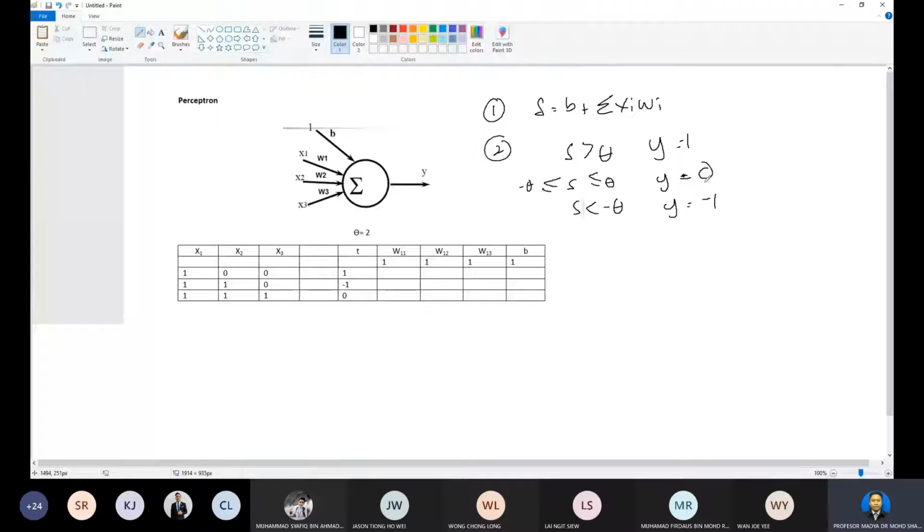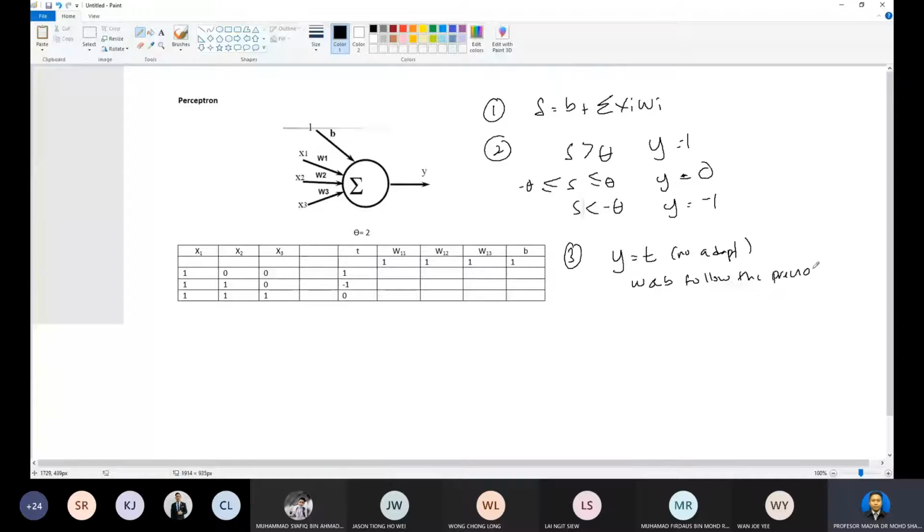Then the third step, you have to compare. If Y equals T, there is no adaptation of weight and bias, so we follow the previous weight and bias.